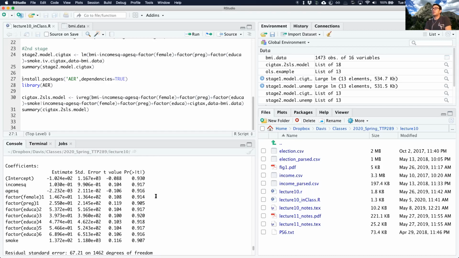regression relationships. I will say that a lot of this class is more focused on the predictive aspect of it.